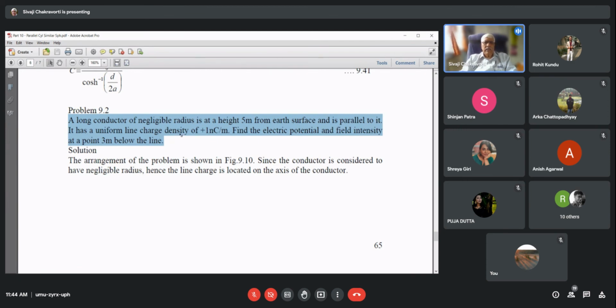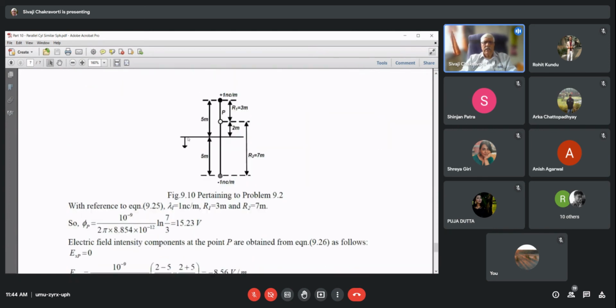It has a uniform line charge density of +1 nanocoulomb per meter. This is our assumption, of course. Find the electric potential and field intensity at a point 3 meters below the line. So the figure looks like this, where you can see this black dot is the conductor with +1 nanocoulomb per meter.